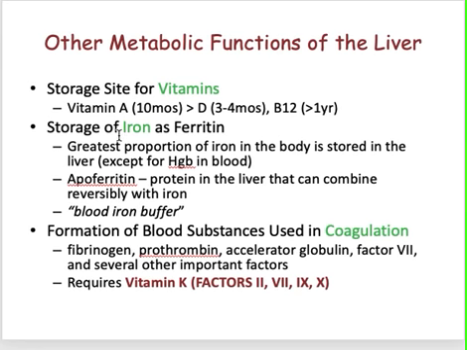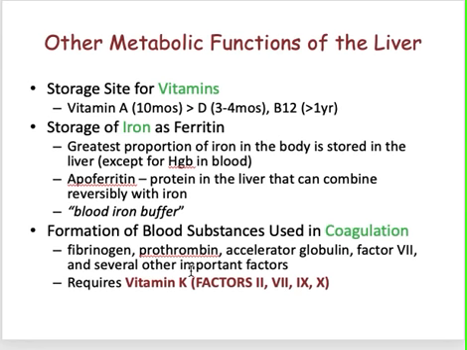And the greatest proportion of iron in the body is stored in the liver, except of course for the hemoglobin in the blood. And likewise, if you take too much, let's say you have excessive iron in the body, let's say you're taking a lot of iron supplements, or you're not able to excrete excess iron in the body, this will be pathologically stored in the liver, and this can cause chronic liver disease as well.